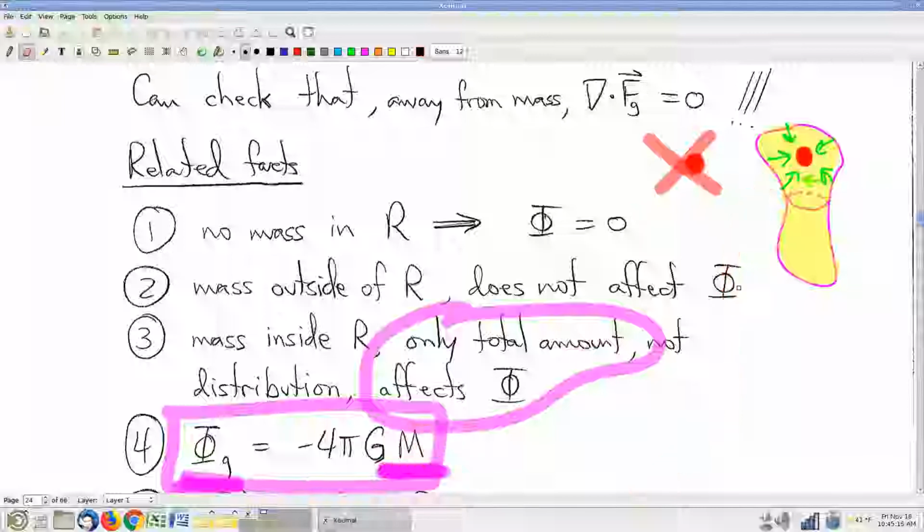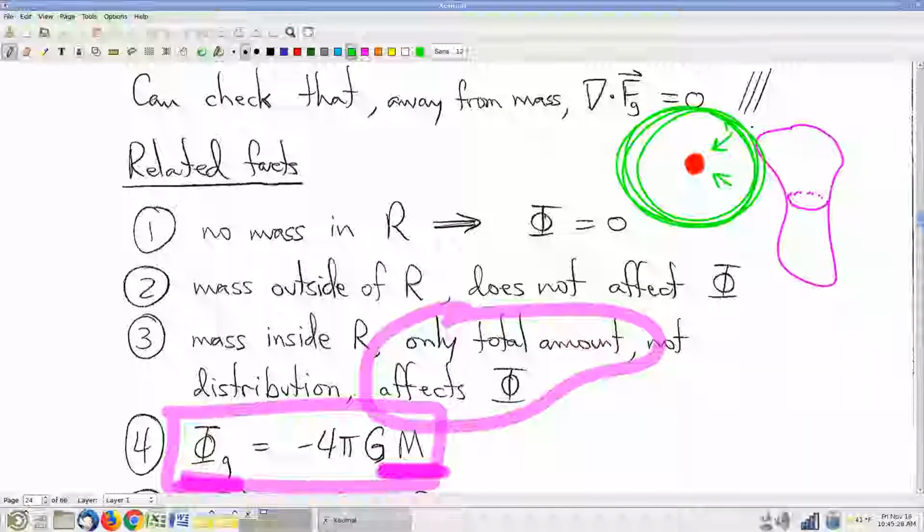So when we were talking about this scenario, this mass creates a gravitational field, and I claim that, if you look at the gravitational field created by that mass, the flux is 0. And so the idea is simply that, if there's all of a sudden some new mass inside, how much gravitational field is created by the old mass? Unaffected.